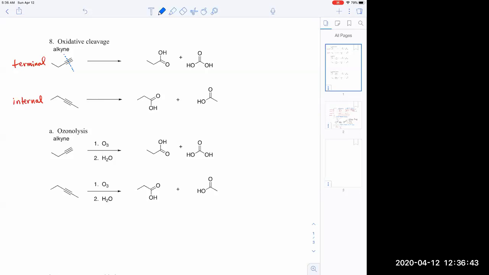Looking at our triple bond on the terminal alkyne, the carbon on the left-hand side is attached to an ethyl group, and so when you cleave it, there are 3 carbons in that piece.